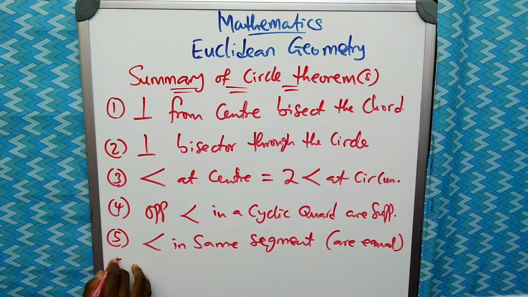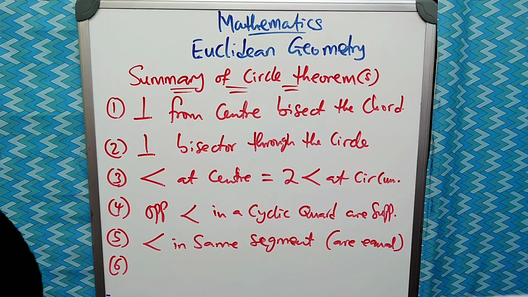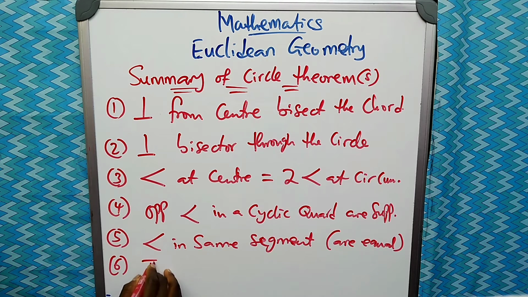Let's look at another one, which tells us that the angle between a tangent to a circle and a chord drawn at the point of contact is equal to the angle which the chord subtends in the alternate segment. This theorem is called the tan chord theorem.